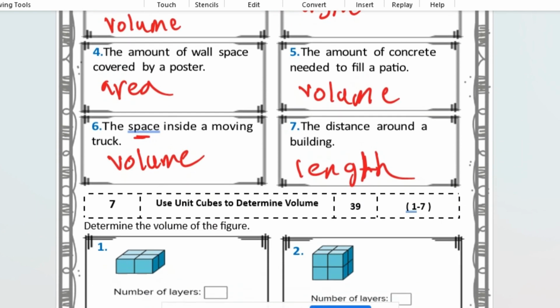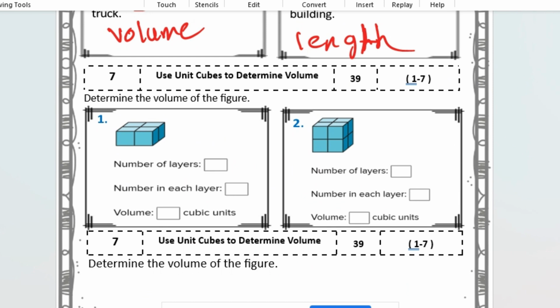Okay, now we want to determine the volume of the figure. Here we have a three-dimensional figure, and if you remember, when we first learned about volume, before we took the formulas, we used to find volumes using unit cubes. You can either count the cubes, which is 1, 2, 3, 4, so in this case the volume is V equals 4, or you can count the number of layers.